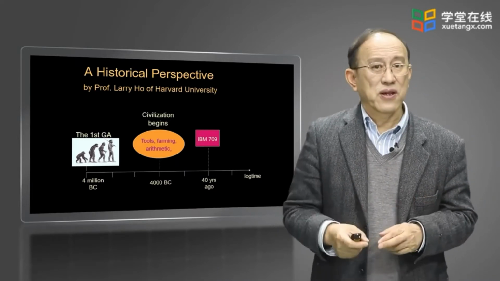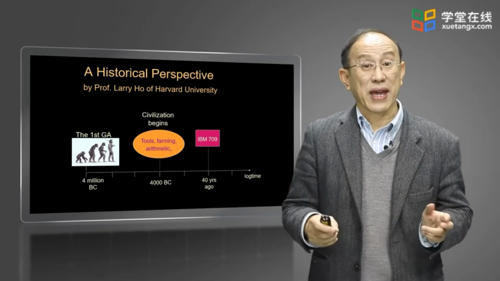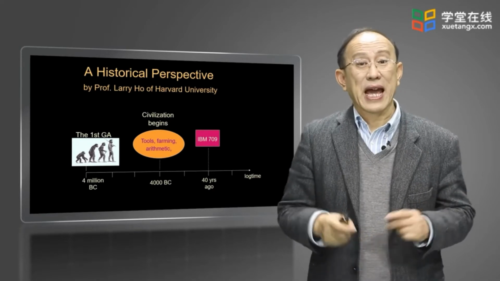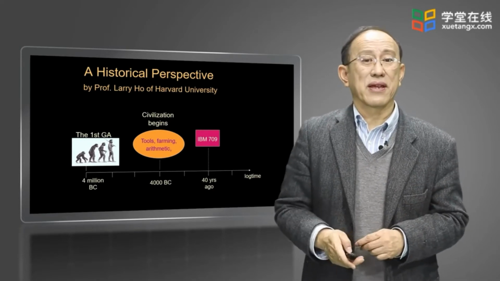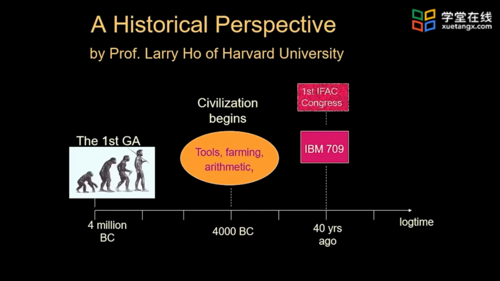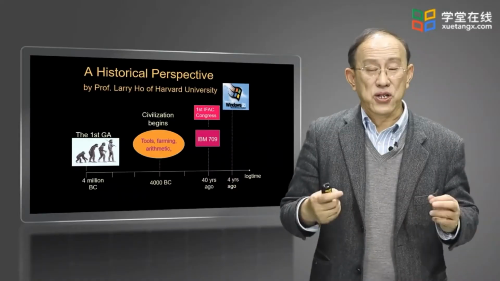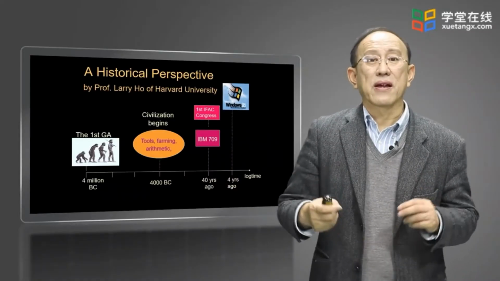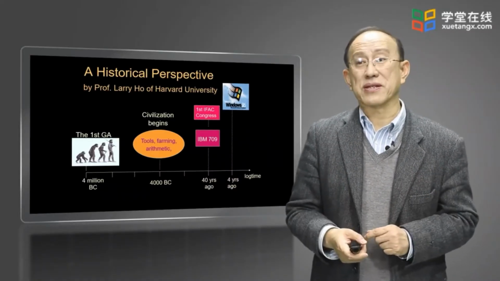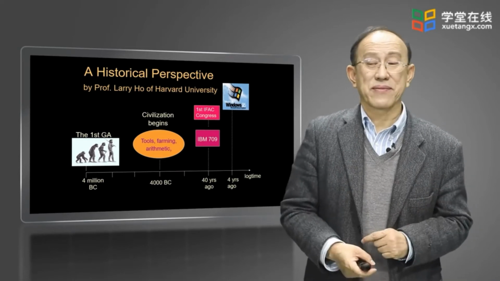The first commercial digital computer was made by IBM, the IBM 709. The same year, the first IFAC Congress was held. Then, if we move 1 hour of time, 4 years ago, okay, Microsoft launched the first multitasking operating system, Windows 95.